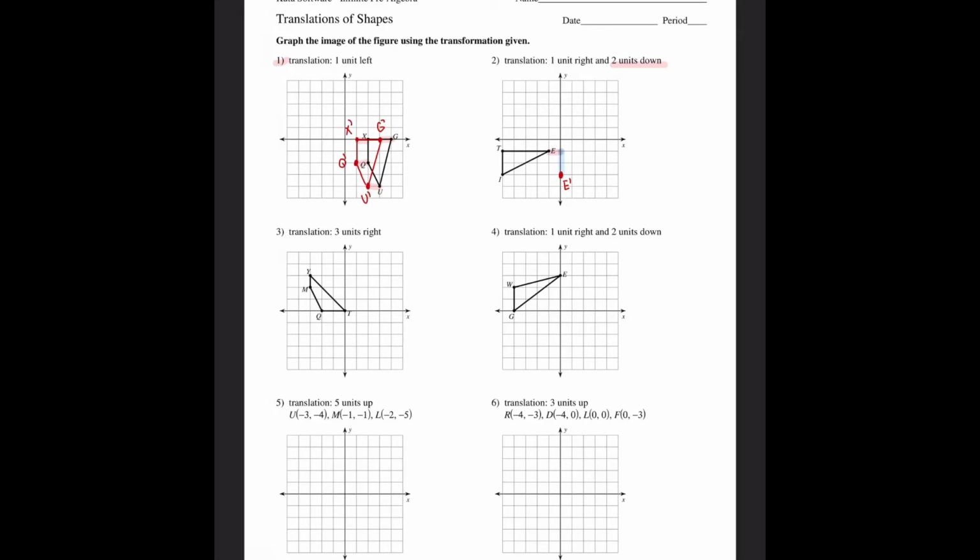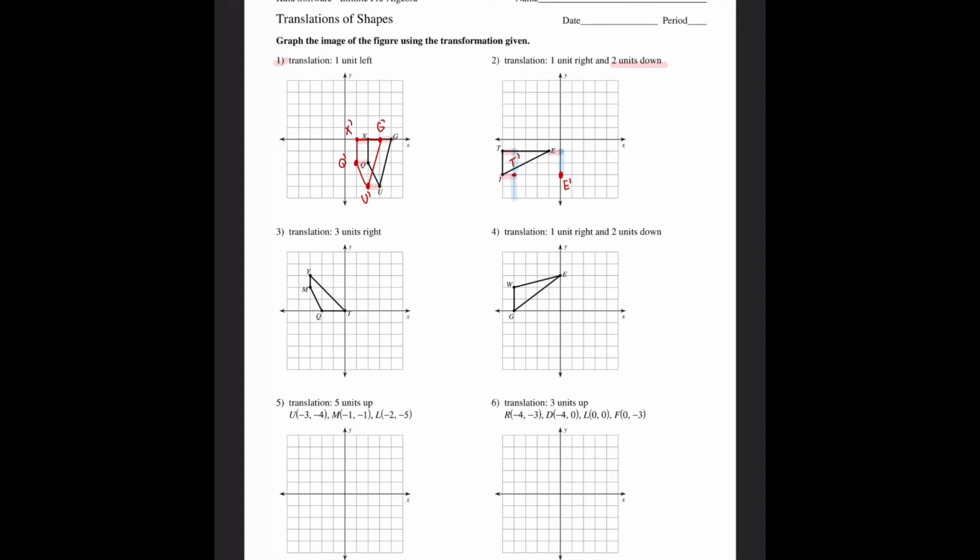So for T, we have to do the same thing. 1 unit right, and then 2 units down. So 1, 2. That leaves us at T prime. Okay, next, and actually I'm going to write that above just because that kind of cuts into our shape and I want it to be on the outside. All right, so I prime, where's that going to be? 1 unit right and 2 units down, 1, 2.